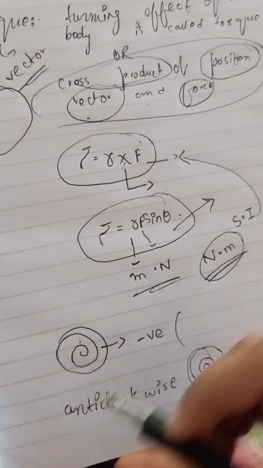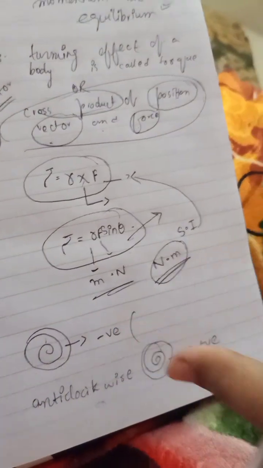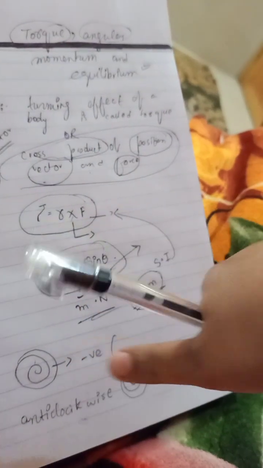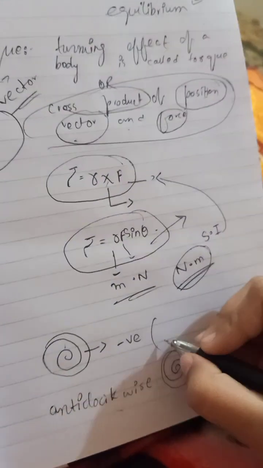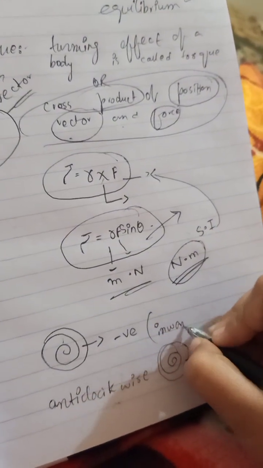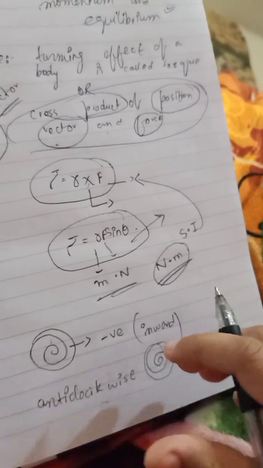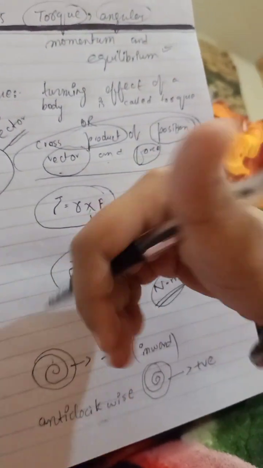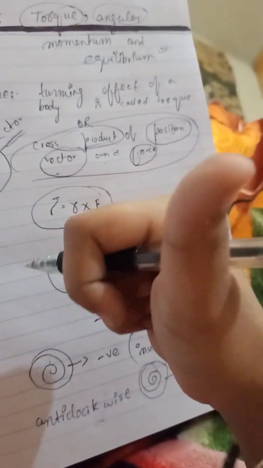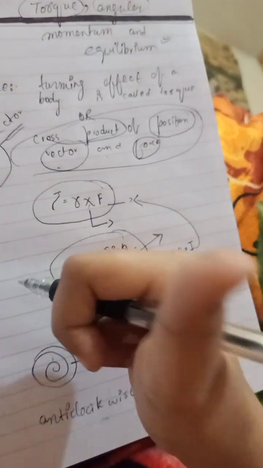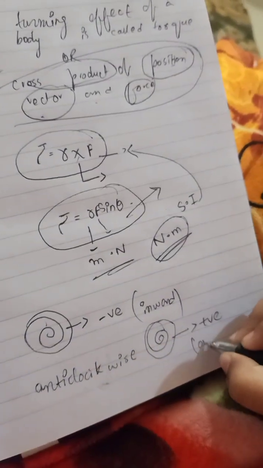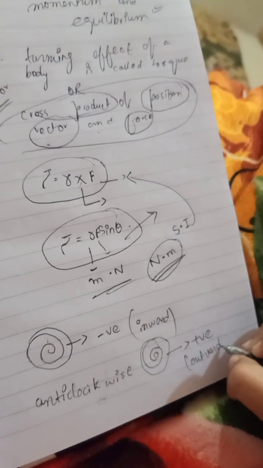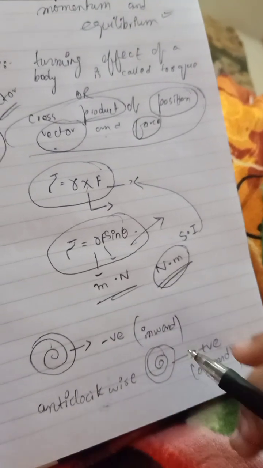If the torque is negative, the rotation is like this, so the torque is inward. If the rotation is anti-clockwise, then the torque will be outward. So it also has direction.